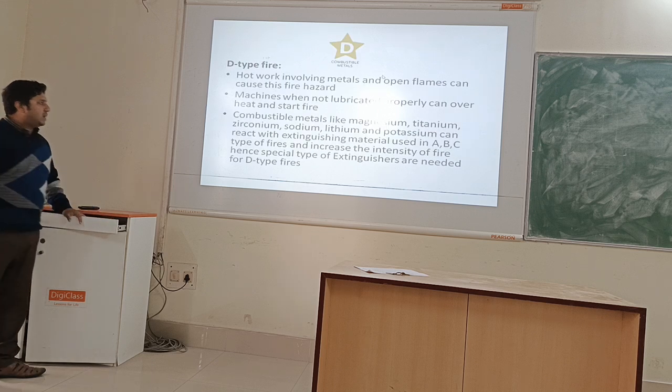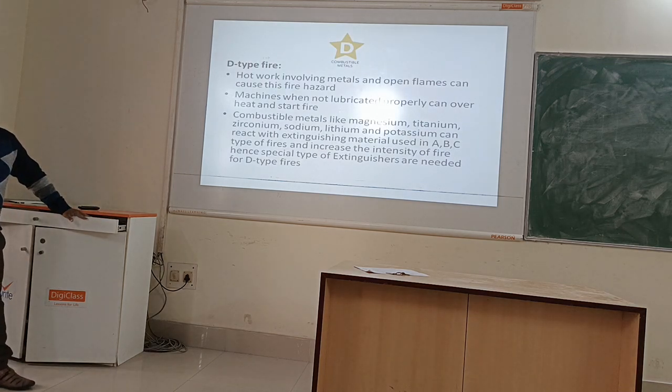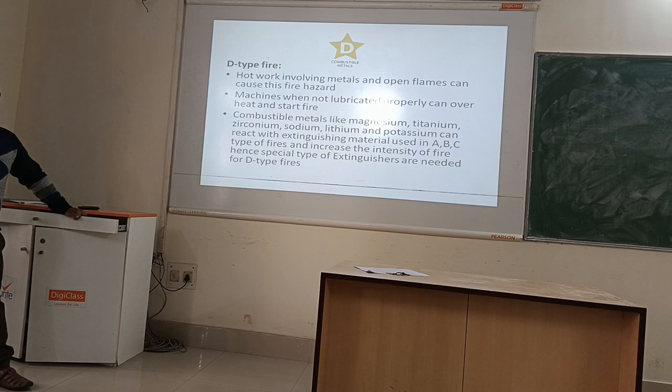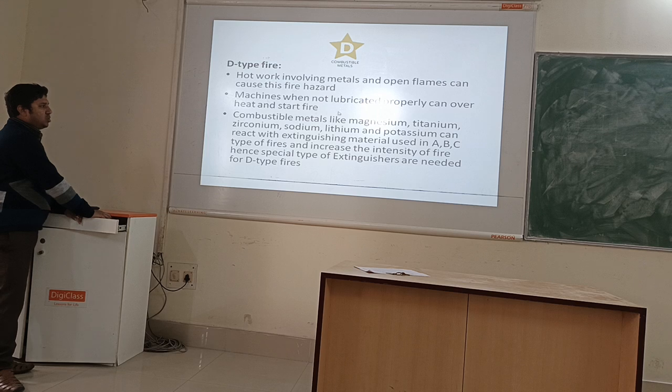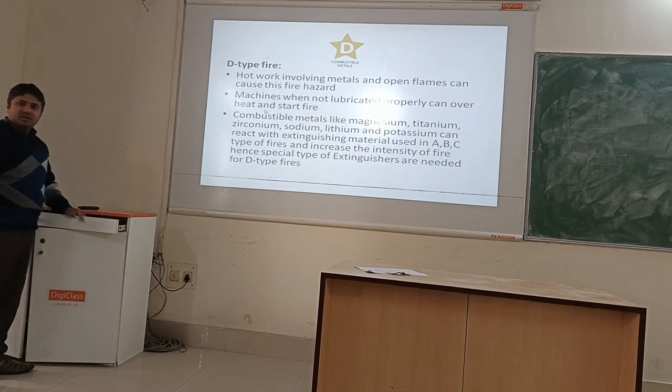Next is the D type category, where materials which are not commonly present, due to the overheating of that material, some metals may catch fire. This falls under D type, like your machines which are not properly lubricated, they may catch fire.